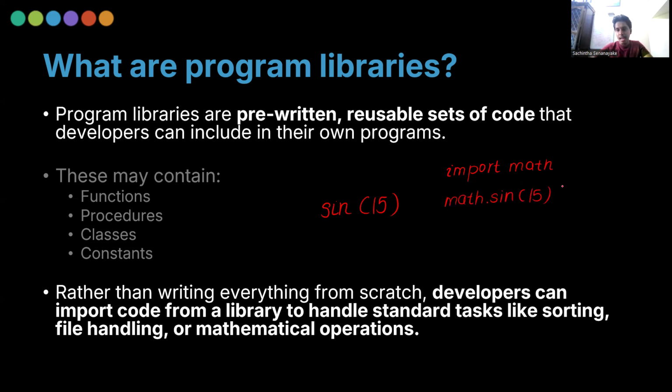When you import the math library, this library is full of code related to mathematics that other people have written for you. The developers of Python have written a program library called math, which contains all these mathematical functions, which you could directly reuse in your program by simply saying math, which is the library name, and sin, which is the function name.